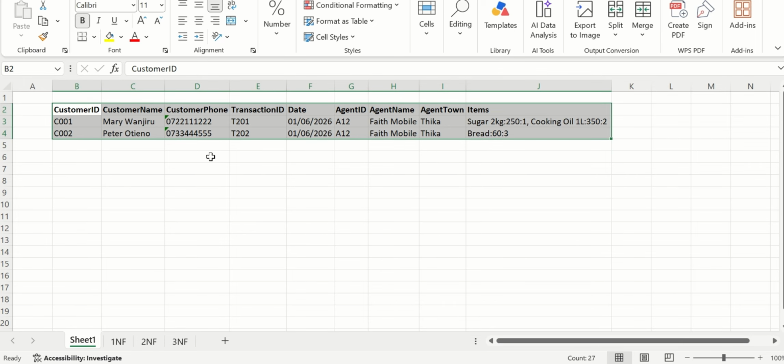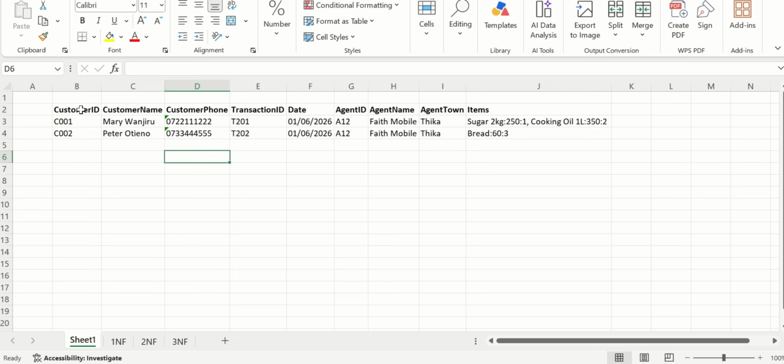You can see here we have a table which contains customer ID, customer name, customer phone, transaction ID, date, agent ID, agent name, agent town, and item.